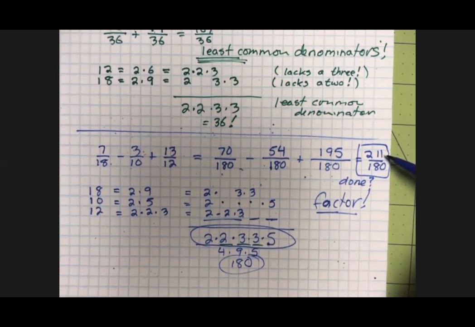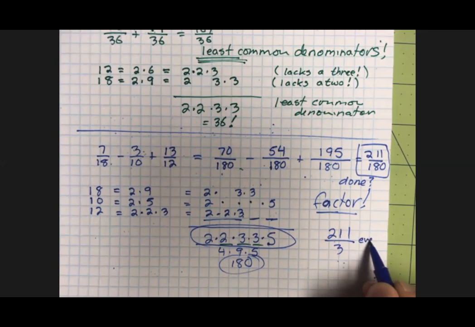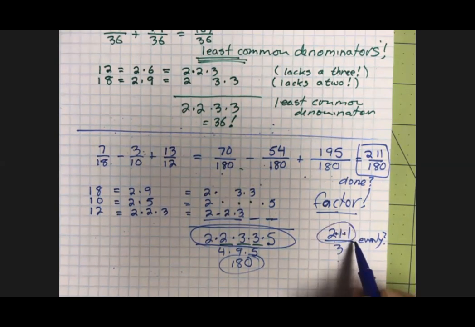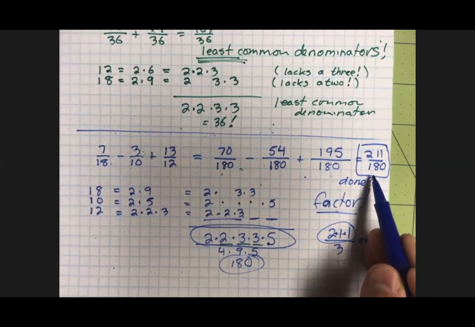The answer is no. How do you look at a number and tell whether you can divide by 3 evenly? Have you ever heard that trick? You add the digits. 2 plus 1 plus 1 is 4. 4 does not divide evenly by 3, so neither does 211. So I can quickly say 211 does not divide by 3. So I am done. I know I'm done.